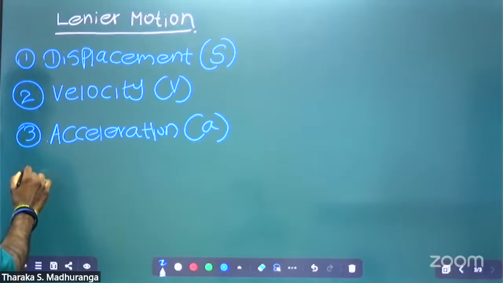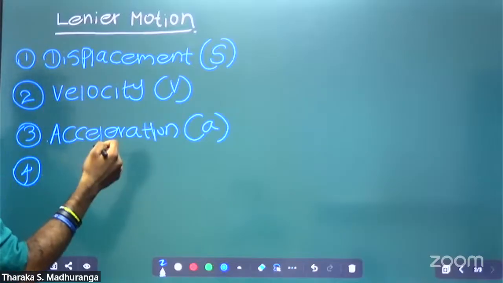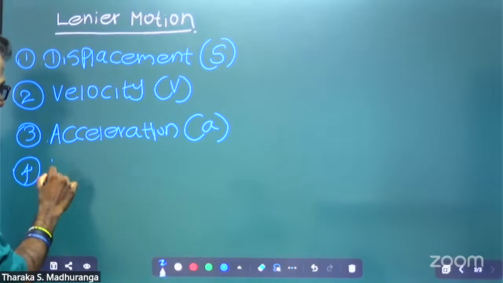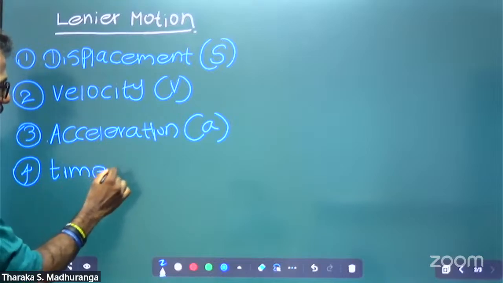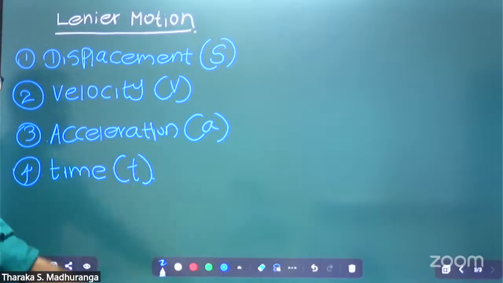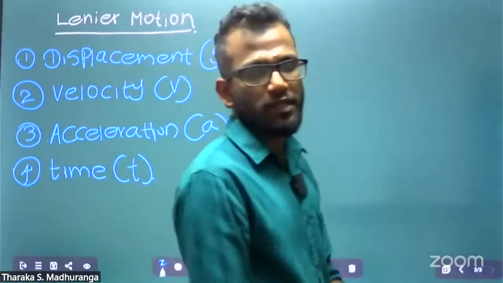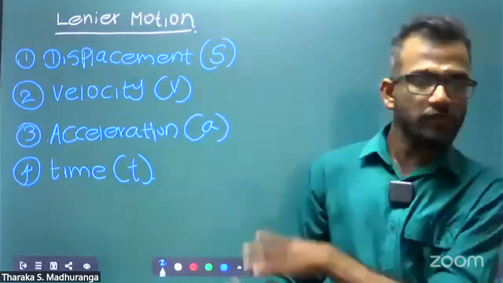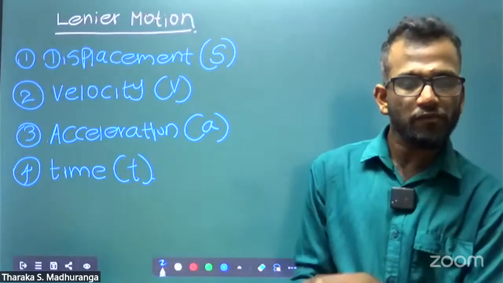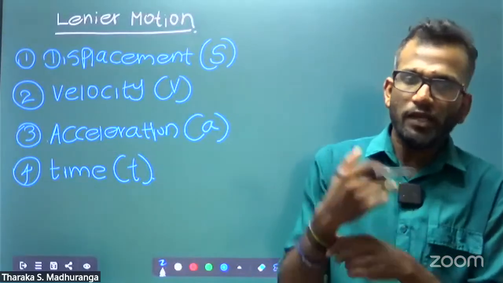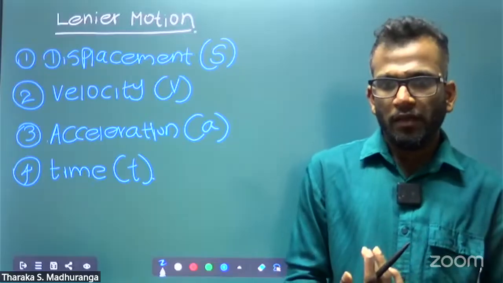And in linear motion, we always need time. Time means small t. Time is also a quantity. Displacement divided by time is the velocity, therefore time is also a physical quantity in linear motion.